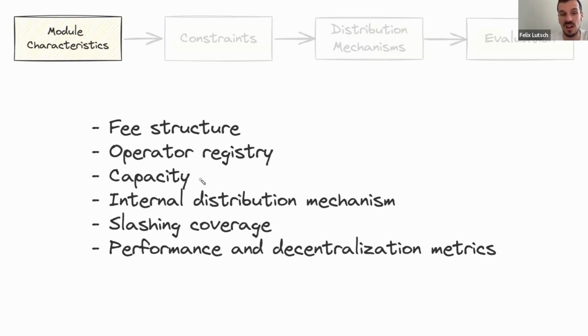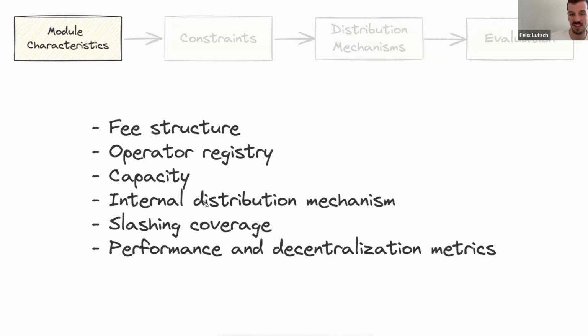It might be that they are limited in terms of how much stake could actually be distributed to this module without there being idle ETH not actually validating, which is definitely something that Lido as a protocol wants to avoid. So capacity is an important factor in deciding where ETH should go.